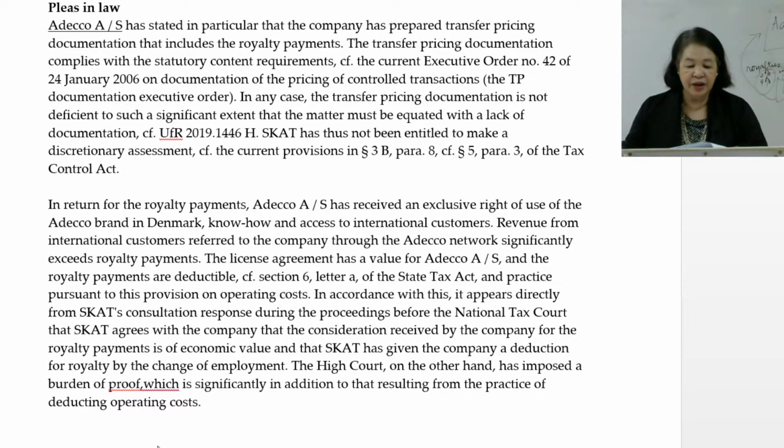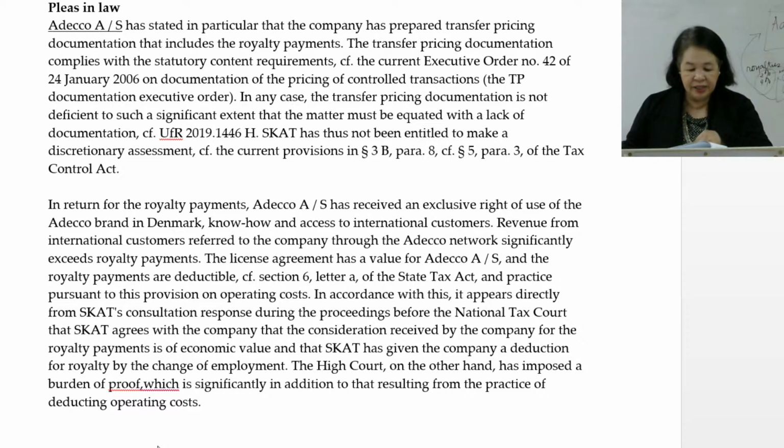That includes the royalty payments, no? The transfer pricing documentation complies with the statutory content requirements, no? The current Executive Order number 42 of 24 January 2006 on documentation of the pricing of controlled transactions, or the TP Transfer Pricing Documentation Executive Order.